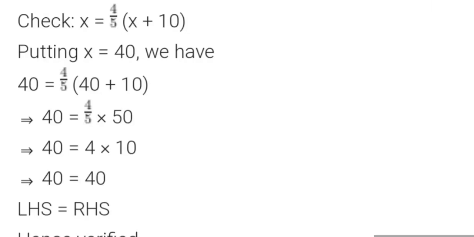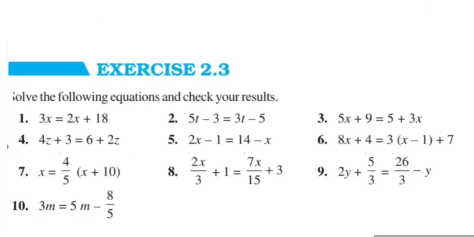So 40 plus 10. 40 plus 10 is 50. 4 upon 5 into 50. So 5 into 50 we can cancel 10 times. So what is left? 4 into 10. 4 into 10 is 40. So 40 is equal to 40. Means left hand side is equal to right hand side. Hence verified.